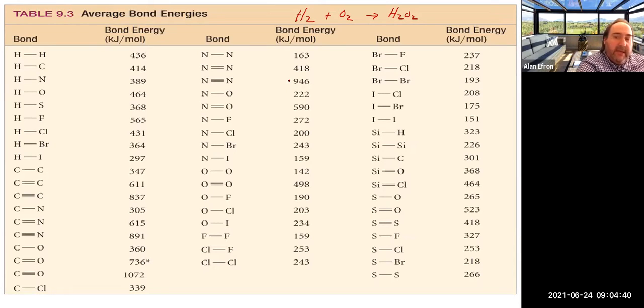So calculate the delta H of this reaction, the enthalpy of this reaction based on bond energy, and also determine, is it exothermic or endothermic as well? All right, so take a couple of minutes to see what you come up with.